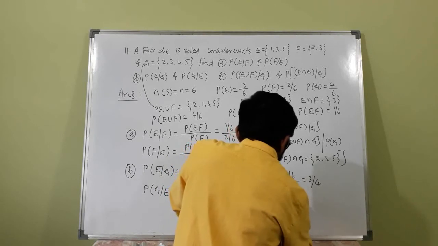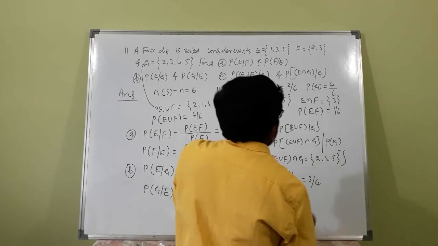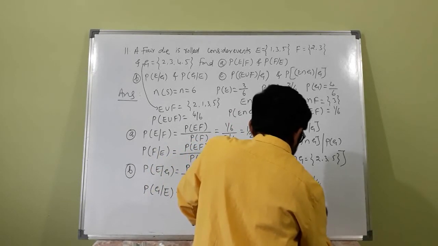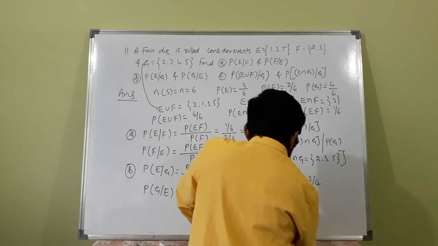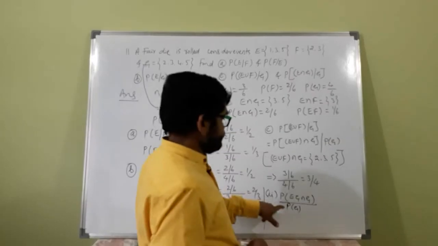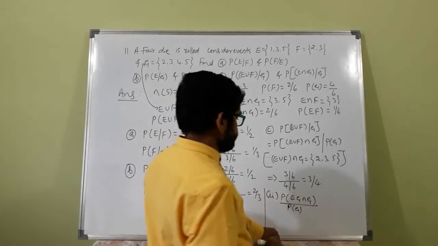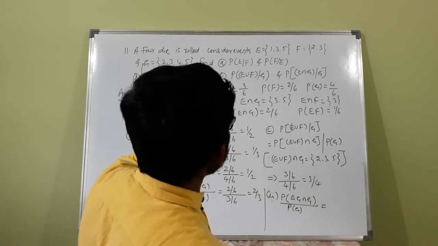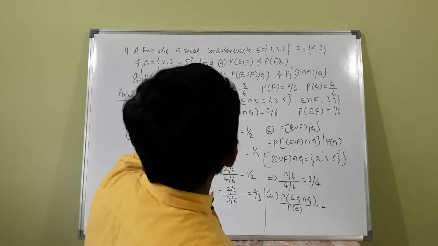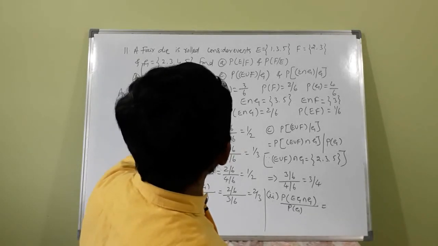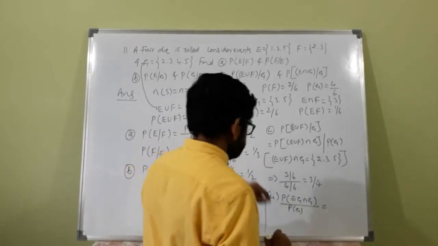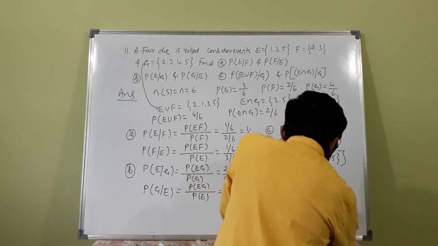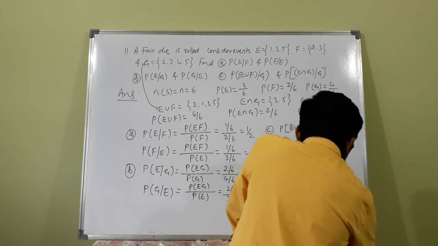Probability of E intersection G given G is probability of E intersection G intersection G divided by probability of G. E intersection G is 3 and 5, intersection G means 3 and 5 again. That is 2 by 6 divided by 4 by 6, which is half.